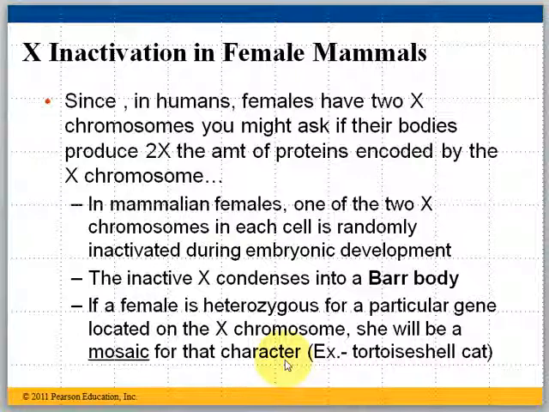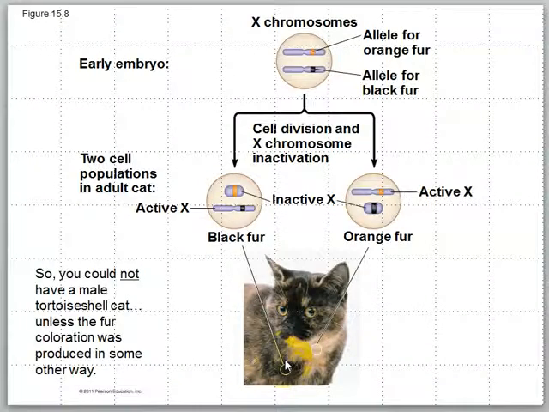Perhaps you've seen a mosaic effect for this character in a tortoiseshell cat. So if you've ever seen a cat that looks like this kitten down at the bottom that we call tortoiseshell, well, that's a factor in this sex-related trait, to where the X that she got from her dad was coding for orange fur, and the X that she got from her mom was coding for black fur.